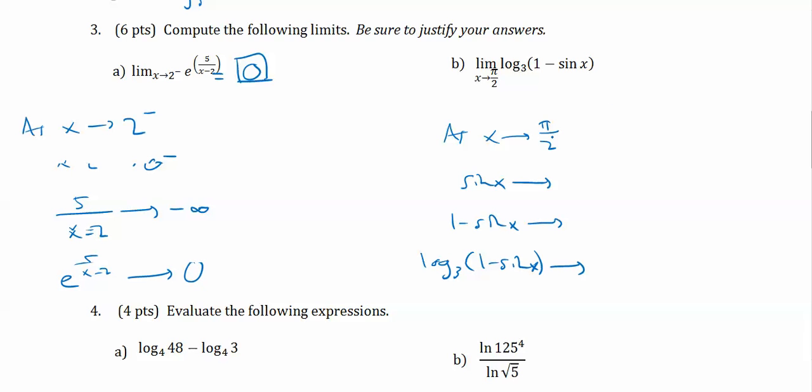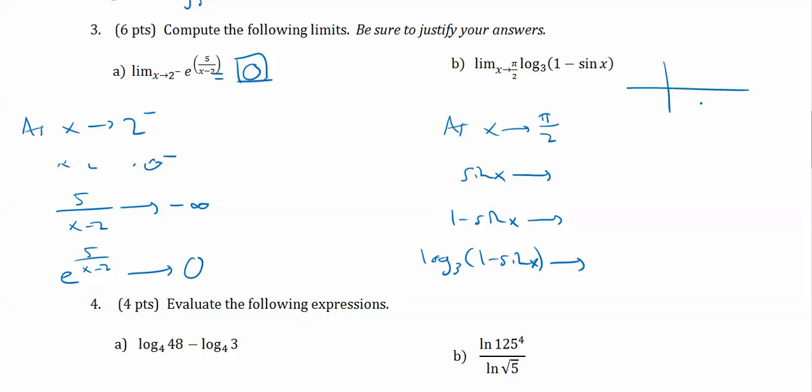Okay, so when x goes to pi over 2, you got to remember what the graph of sine looks like. Okay, so it's going to be something like that, right, where pi over 2 is right here. And so the idea is as you follow the graph approaching pi over 2 from either side, you're going to approach the same y value of 1.